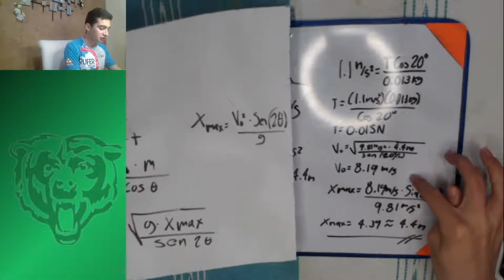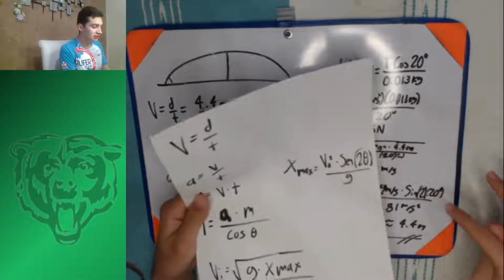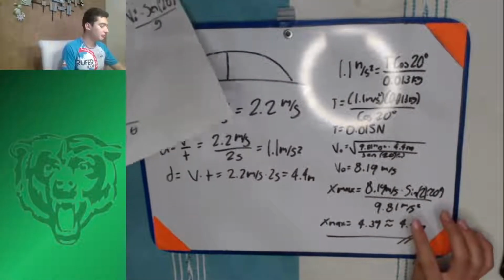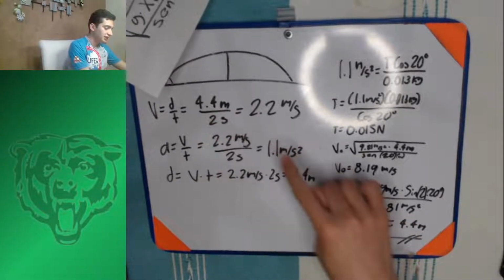We substitute this in the equation of the maximum distance, and we got, as we affirmed, 4.4 meters as the total distance.